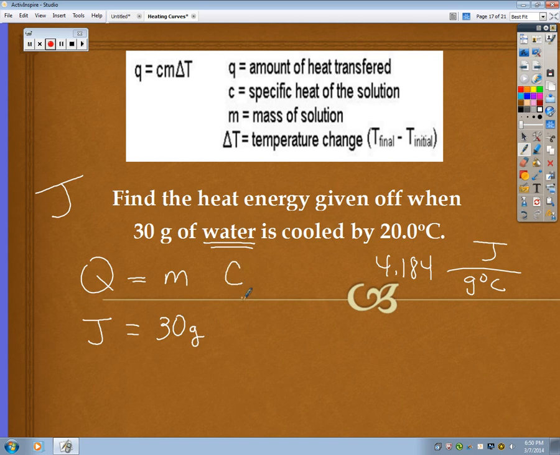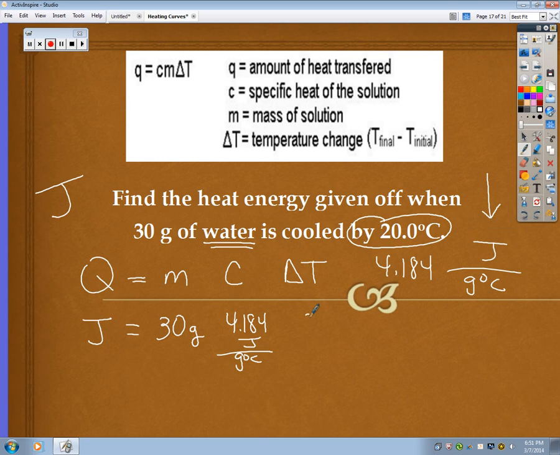My C, which is 4.184 joules per gram degrees Celsius, times, now look at this, there's no temperature change. I don't have a final minus initial, but I'm changing it by 20, right? It's cooling. So that actually would be a negative value, right? So my joules would actually be negative and my temperature actually be negative. They have to match. Well, again, we'll go into that later.